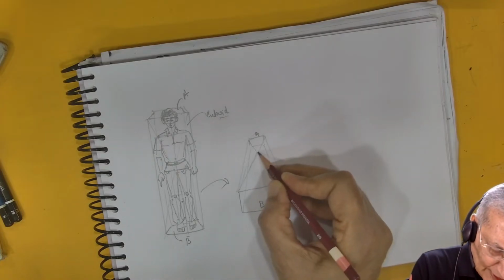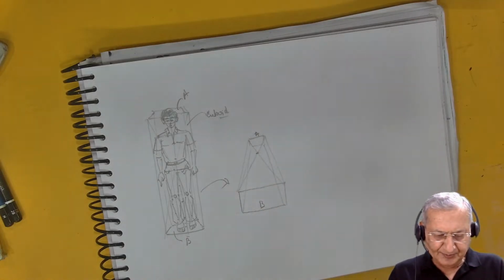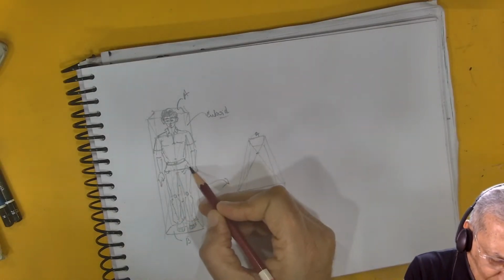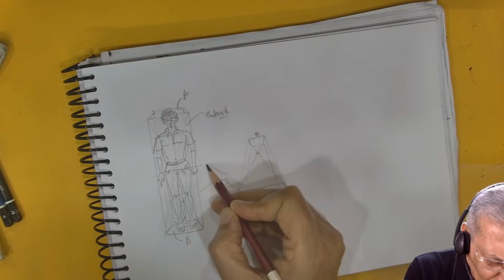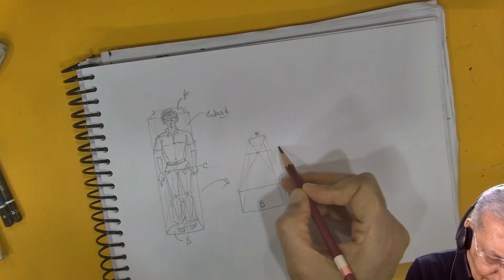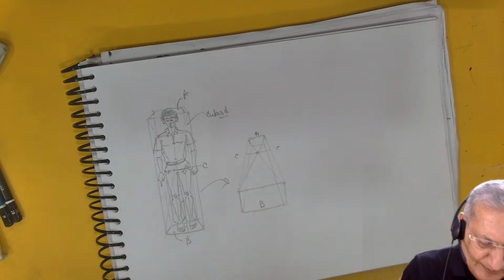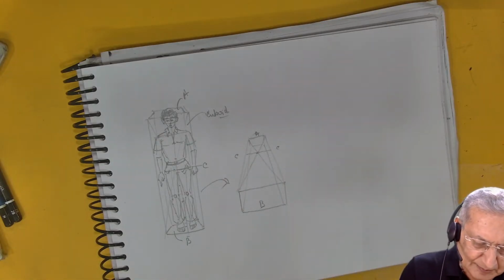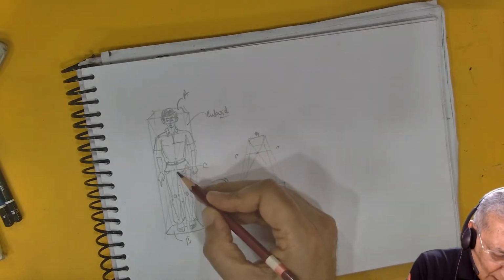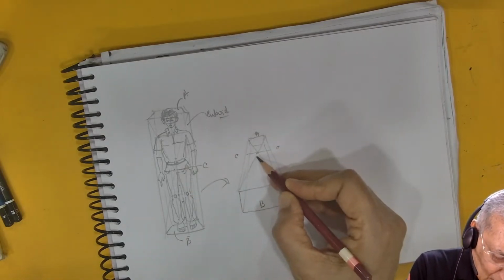Where do you find the middle? Here. Can you imagine that this middle, let's say the line C, is here. So this much area, or let's say the groin area, would be here.